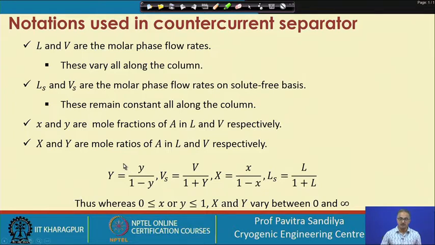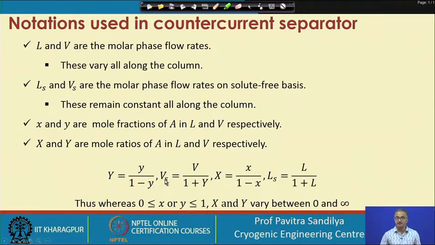Now, this mole ratio and the mole fractions can be easily correlated, and here I have shown this relationship between the mole ratio and the mole fraction, and this can be derived very easily: the mole ratio is the number of moles of the species A and 1 minus y represents the number of moles of the rest of the species.